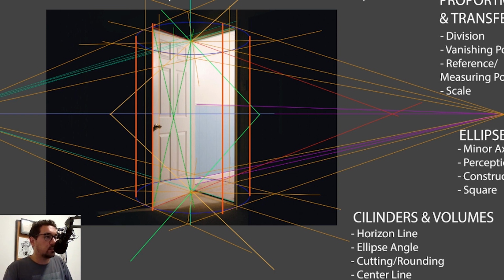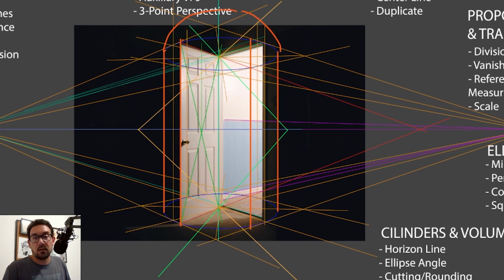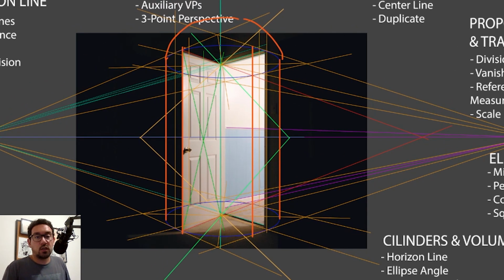So this is like a cylinder, I don't know, a time machine or a telephone booth or something like that. You can go in and you will see the bottom of this ellipse, as well as you're going to see the top of this one.